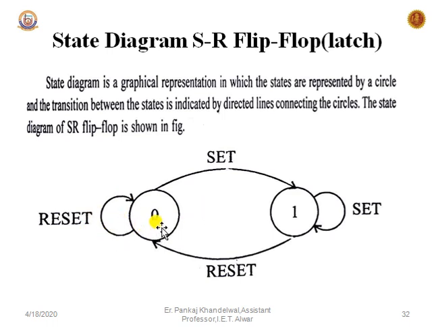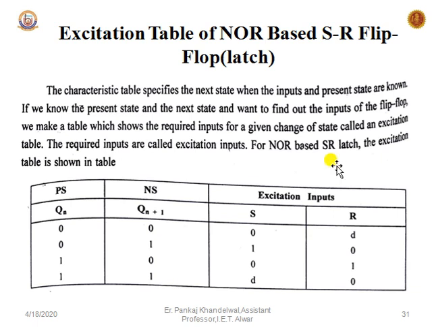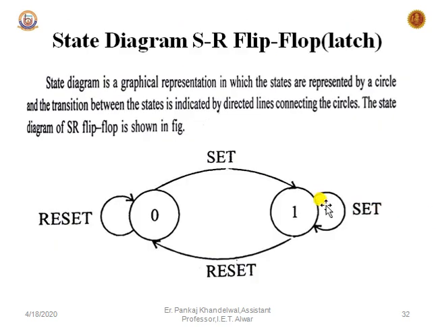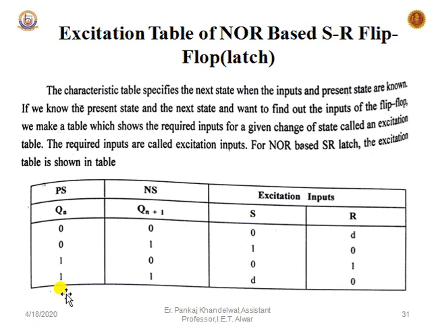When we go from 0 to 1, present state is 0 and next state is 1, this value is set, because S is equal to 1 and R equal to 0, so we put set here.